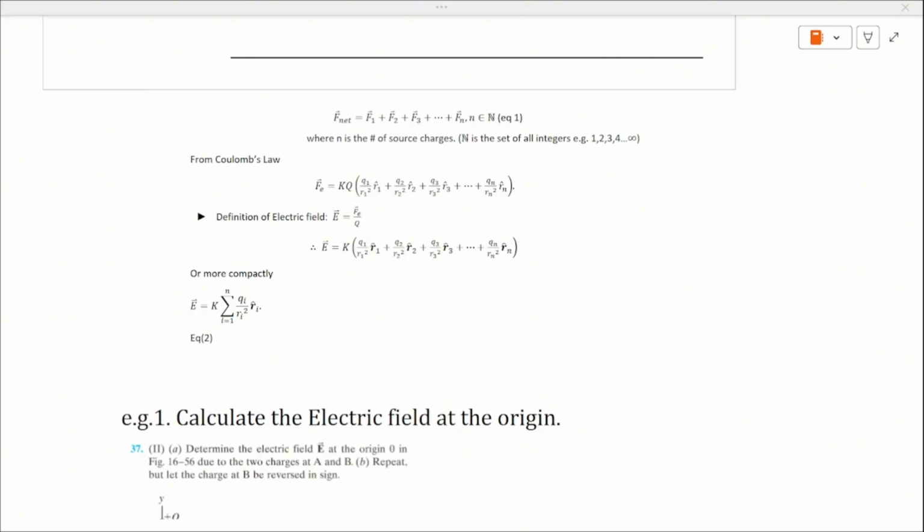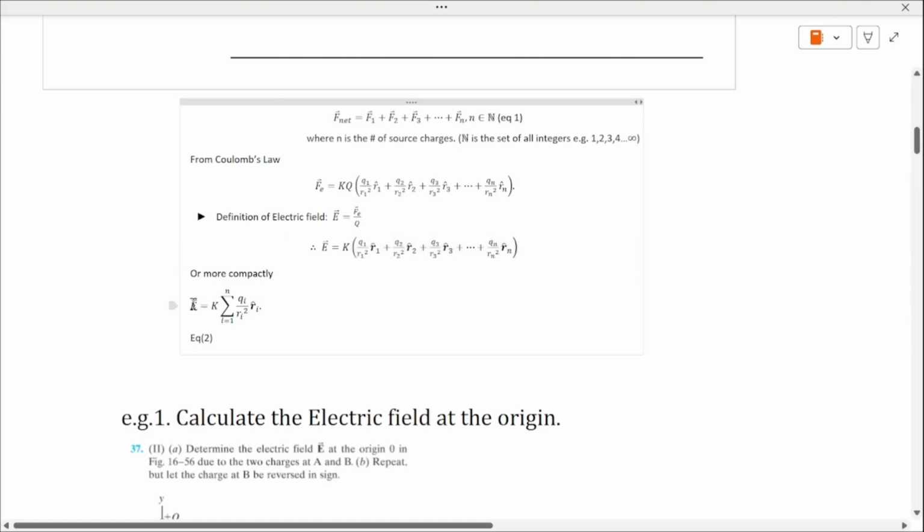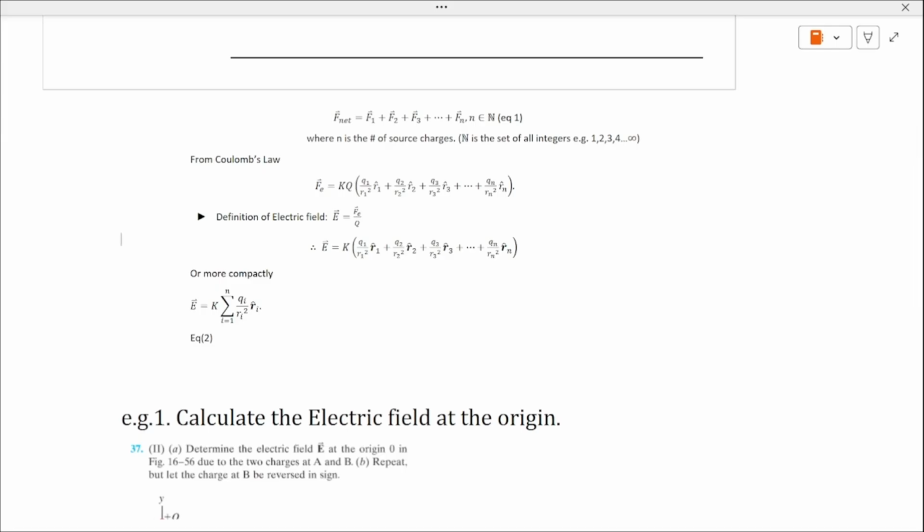And that gives us a new definition of the electric field, which is Coulomb's constant times this big sum that I just explained, which we can write compactly as E equals K times the sum of 1 to N of Q over R squared in the direction of R hat. R hat is from the source charge to the test charge. And if the source charge is negative, it's going to be from the test charge to the source charge.